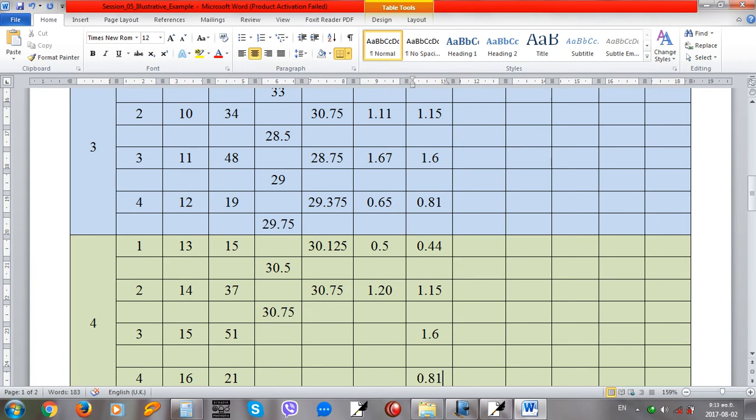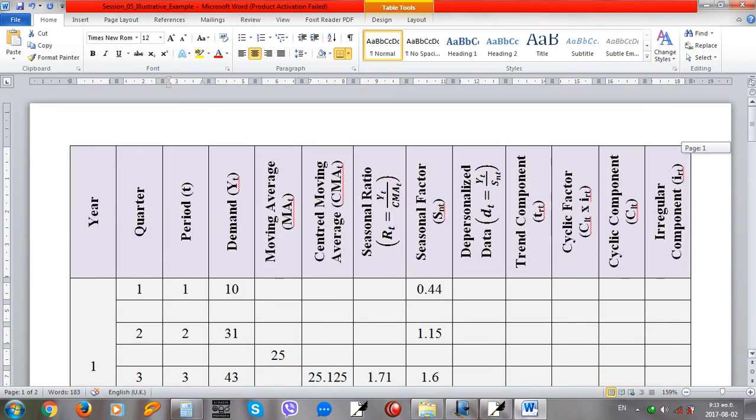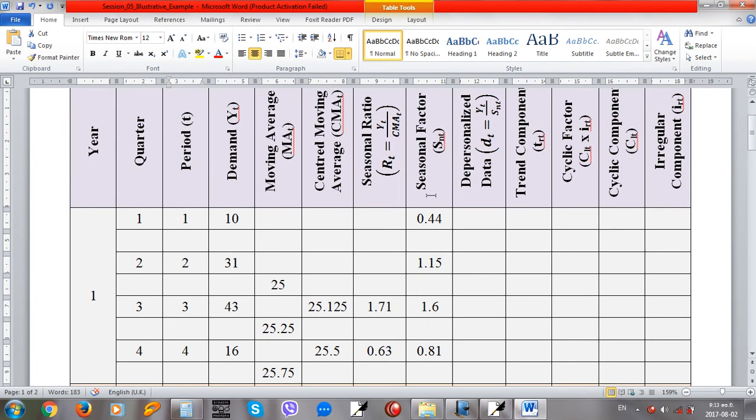So we can add this value quarter wise. For each quarter there is a unique value. For quarter 1 0.44, quarter 2 1.15, quarter 3 1.6 and quarter 4 0.81. Likewise you can fill this column. Now we found the seasonal factor.